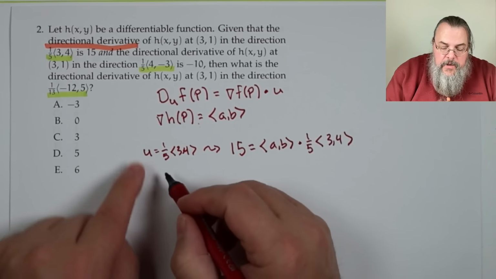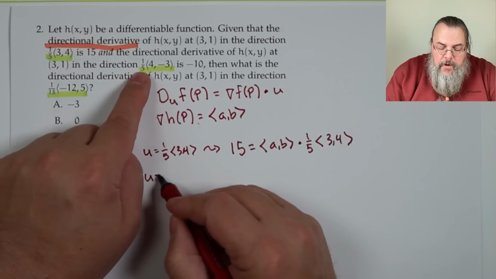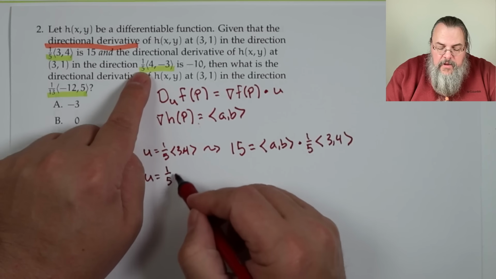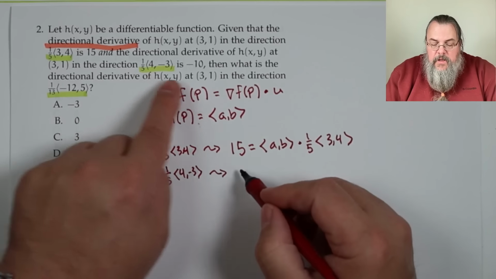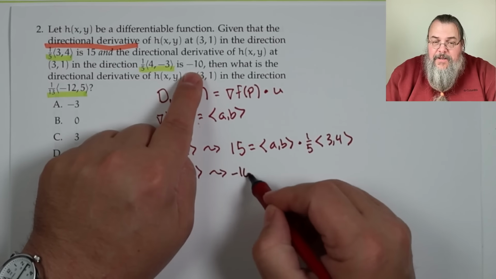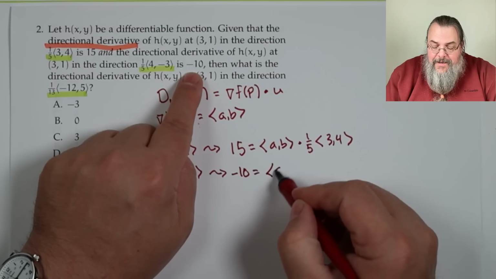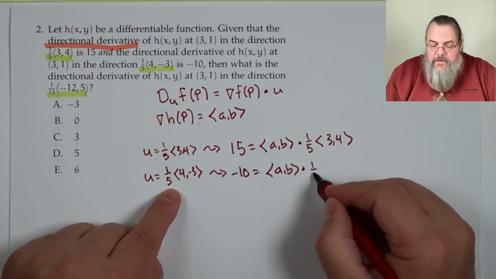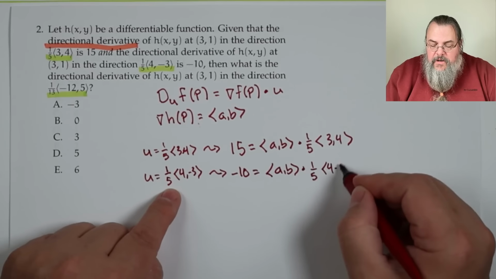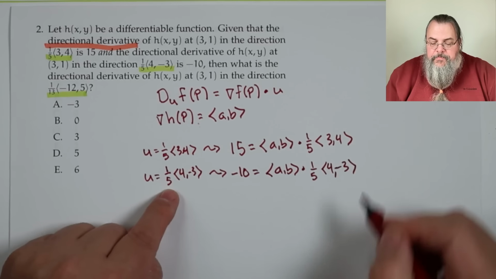Now the other one. If our u is 1/5 (4, negative 3), the directional derivative is negative 10, and that's equal to our gradient, which we don't know, dot our direction 1/5 (4, negative 3).